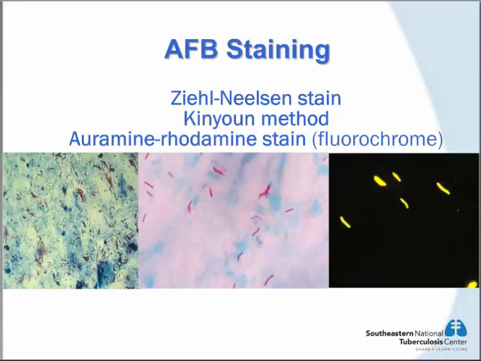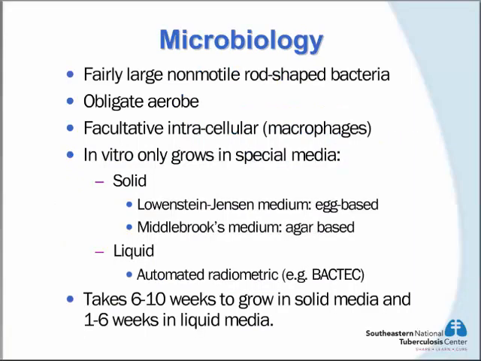But there's also the auramine-rhodamine stain, which is very sensitive for AFB, and this uses fluoroscopy. And you can see that in the picture to the far right. So these organisms are fairly large. They're non-motile rod-shaped bacteria.